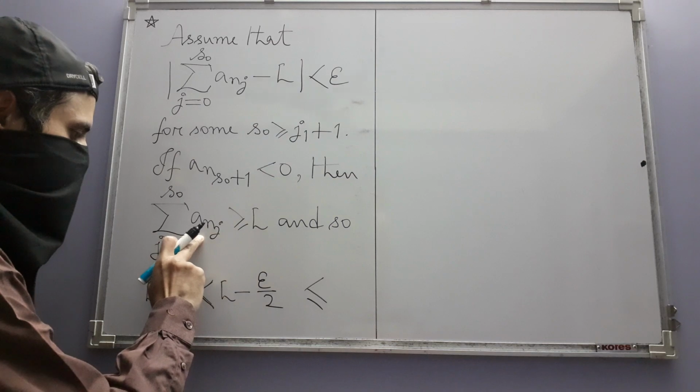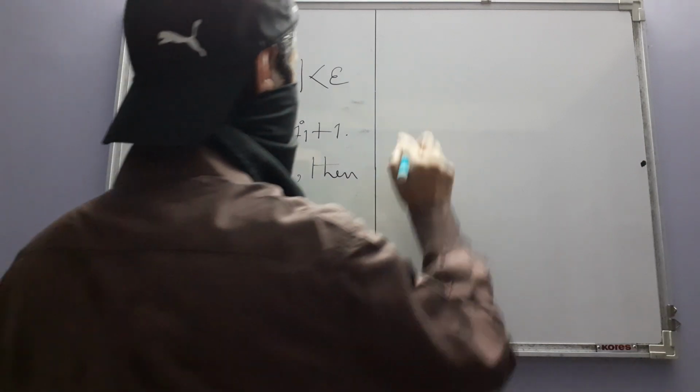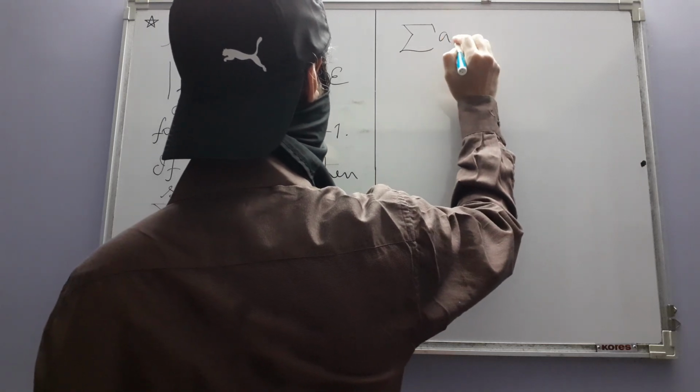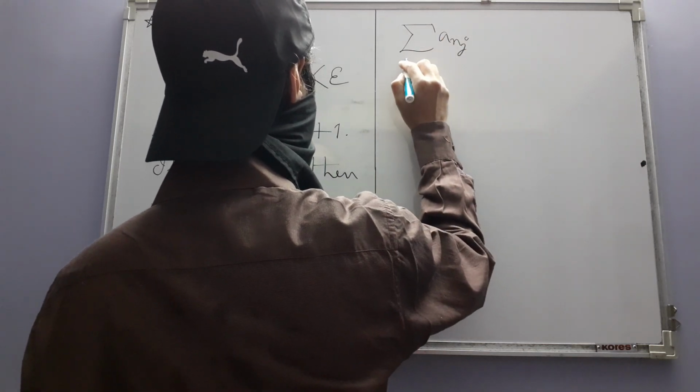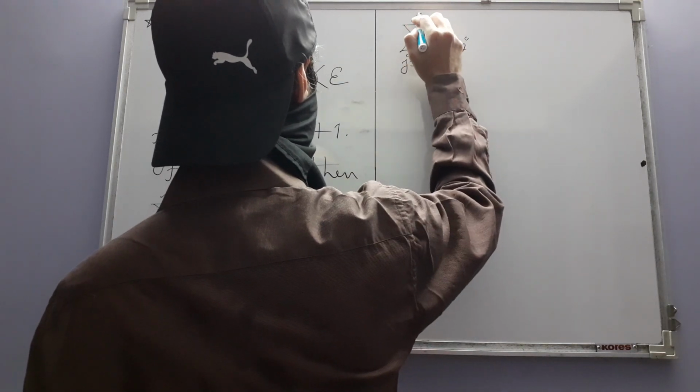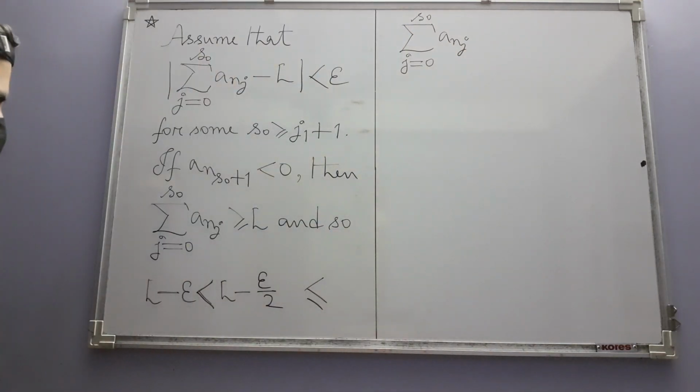L is less than or equal to this, so let's write this in place of L. The summation of a n j, where j varies from 0 to S naught.